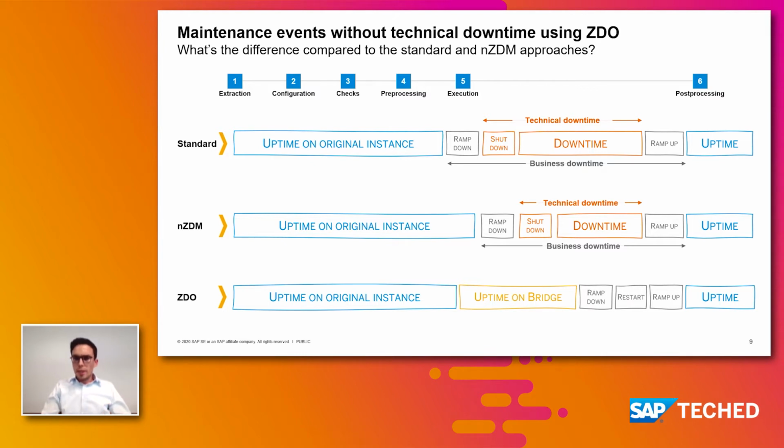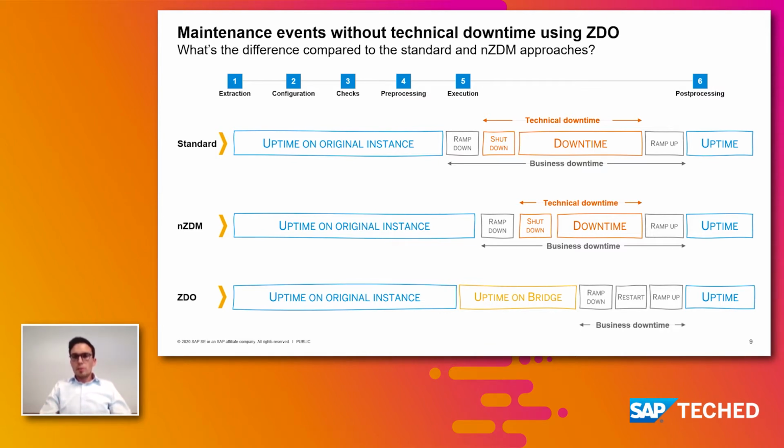However, with nZDM, it is not possible to quantify the technical downtime saving. It's not like we're always going to save 50%. As a rule of thumb, it might be between 40 and 50%, something like that. However, that really has to be performed in a test upgrade and benchmarked against the standard upgrade.